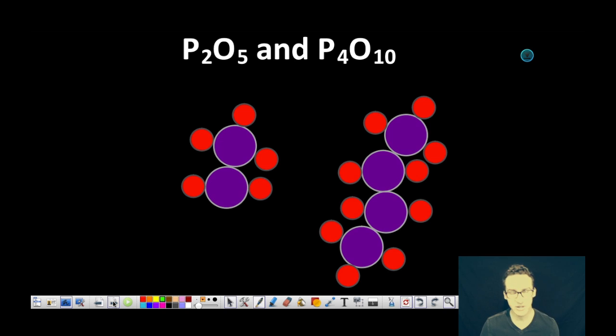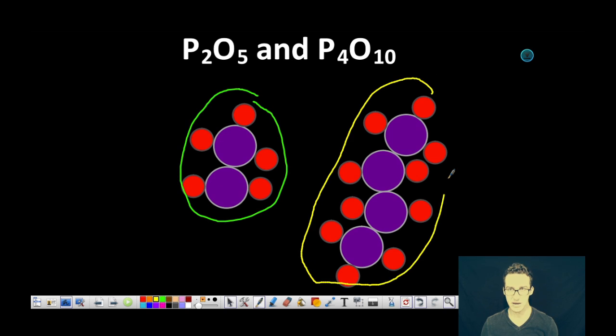The last thing I want to mention here is that you can have 2 entirely different compounds that have the same empirical formula. As we look at this, we've got P₂O₅ on your left and P₄O₁₀ on your right. 2 different compounds. But if we were to write the empirical formula for P₂O₅, we would get P₂O₅.